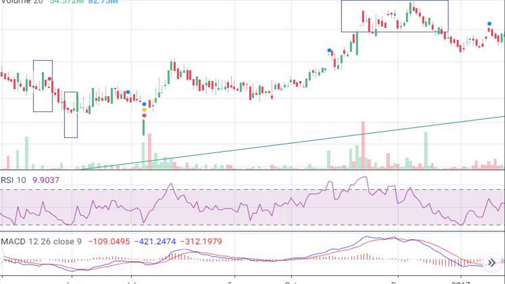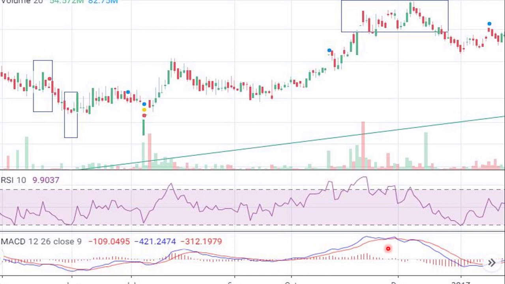When these 2 lines come below this line, which is in the middle of our indicator, we say we are in the oversold zone.